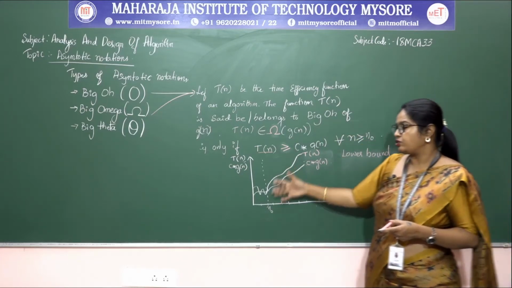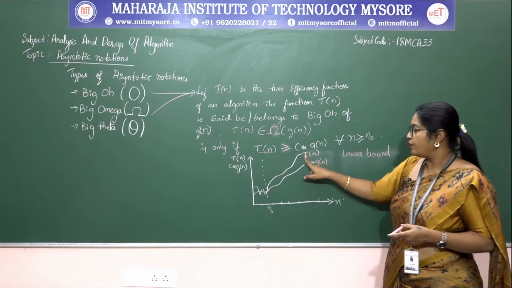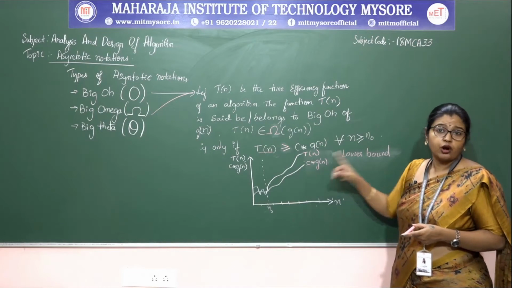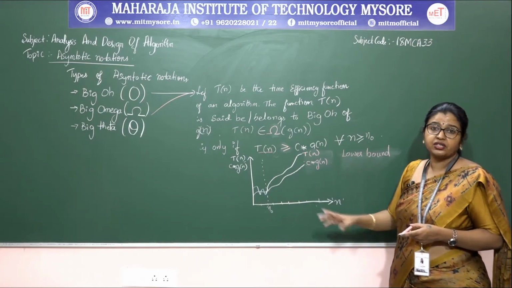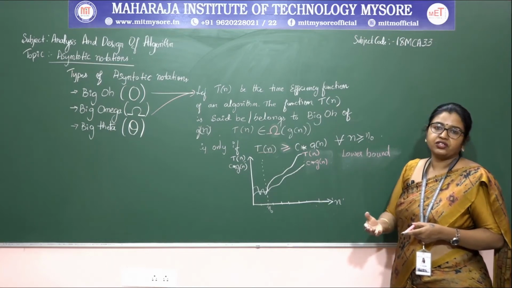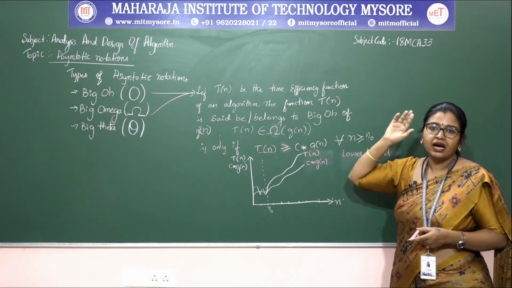And if I draw the curve, definitely your T of n will be the upper bound and c into g of n will be the lower bound. Therefore, in order to represent the algorithm efficiency in terms of the lower bound of the efficiency, we make use of big omega notation.